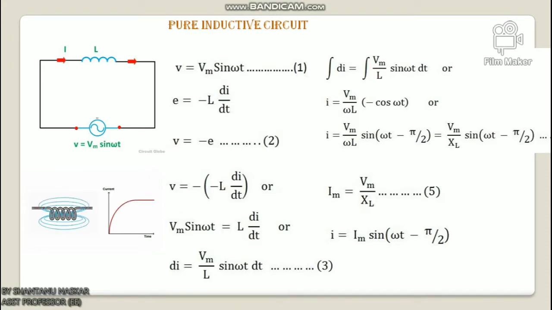The inductor is a type of coil which stores electrical energy in the magnetic field when current flows through it. The inductor is made up of wire which is wound in the form of a coil. Look here.